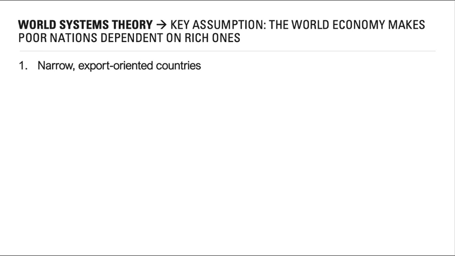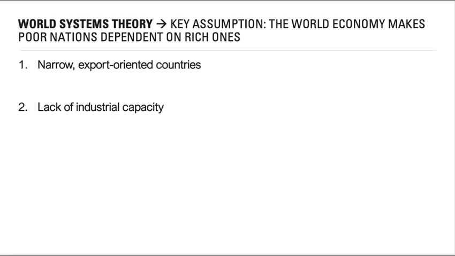And cash crops are part of world systems theory because poorer nations often don't have the industrial capacity and infrastructure to manufacture the crops that they grow. So they tend to sell their raw produce to wealthier countries who then manufacture those goods. And then the poorer nations buy back the final product from the wealthier countries as a consumer good.